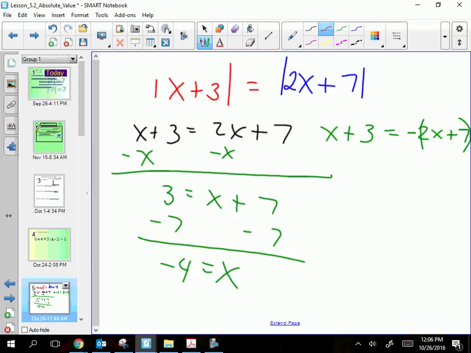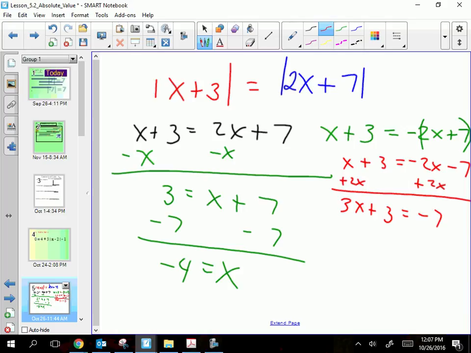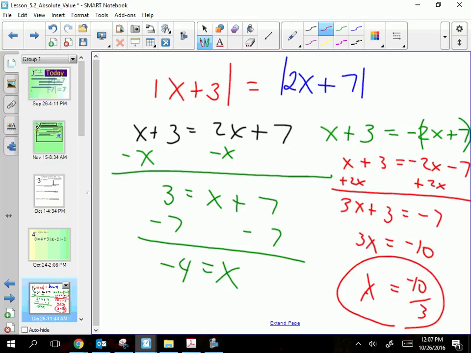That one definitely comes out to negative 4. Negative 10/3 is the same as negative 3.3 repeating. So there we go.